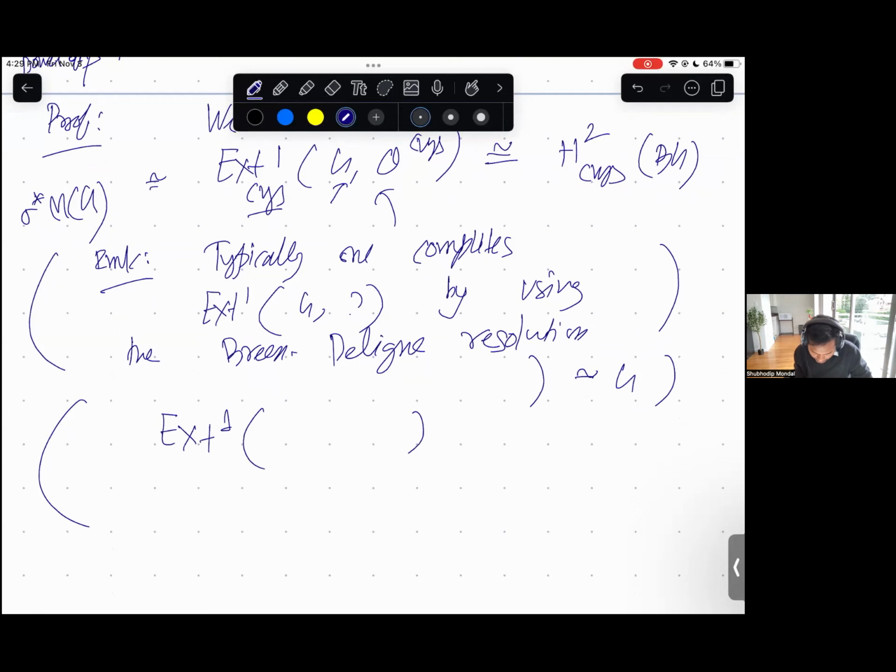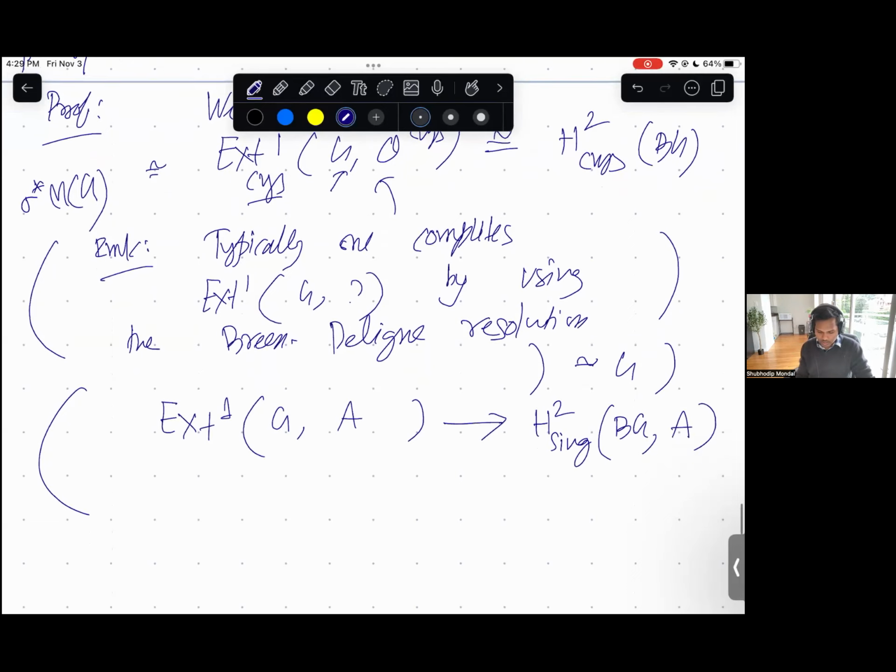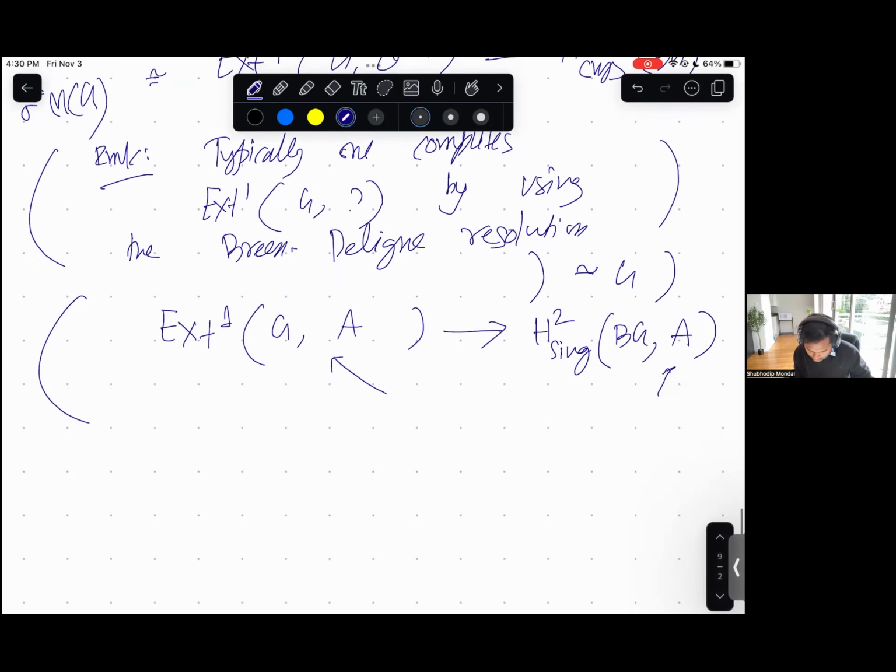So you have Ext(G, A), where G and A are both abelian groups. And then we always have a map to singular cohomology of G with coefficients in A. This map is always an injection, because this somehow classifies the cocycles that are symmetric, and on the other side you have all cocycles.